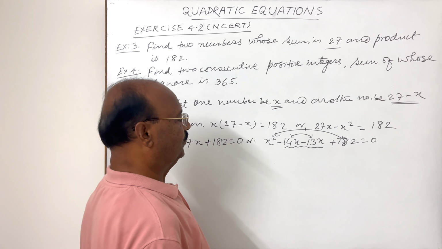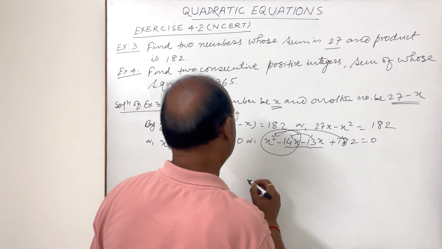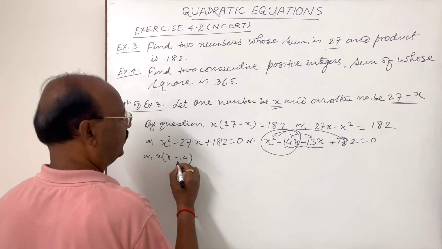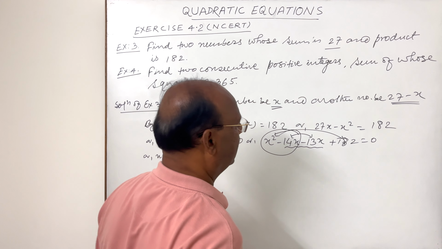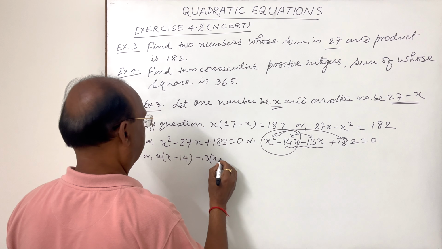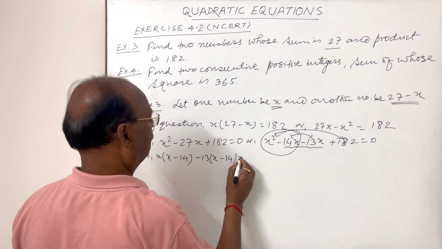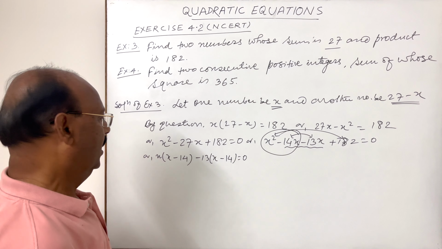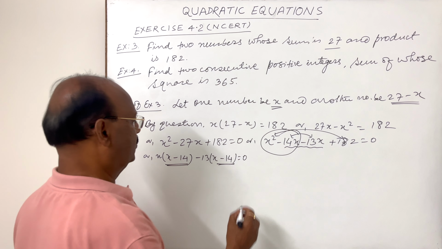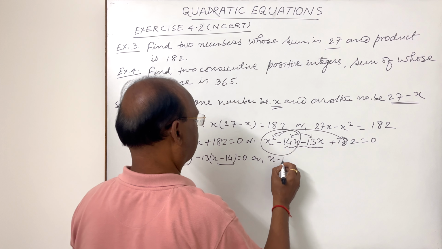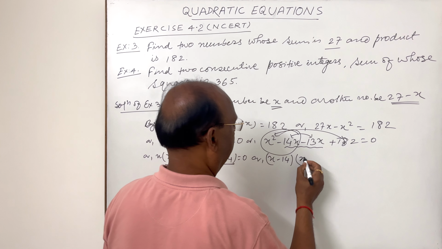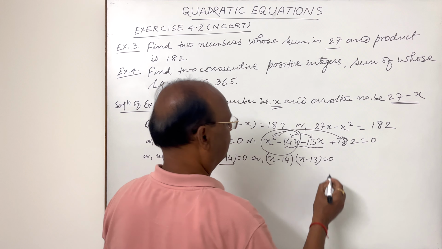Now we can take x common from the first two terms. So x common, x minus 14, and from the last two terms we can take minus 13 common. So minus 13 times x minus 14 is equal to 0. Again x minus 14 will be common from these two terms. So x minus 14 common, and here x minus 13 is equal to 0.